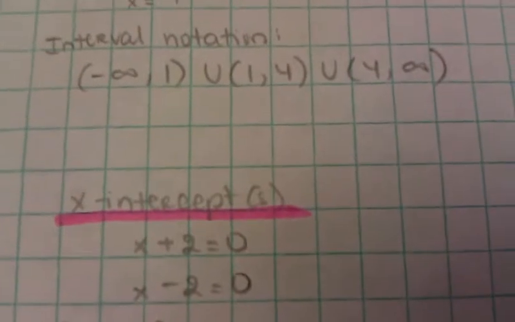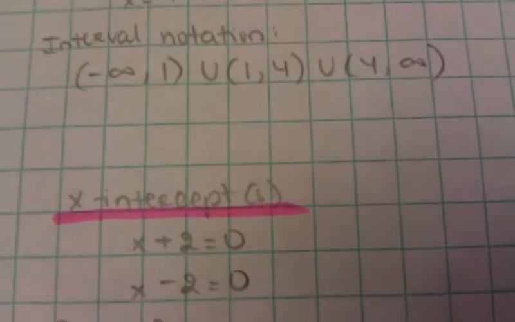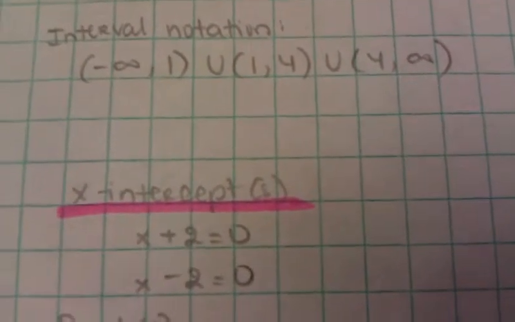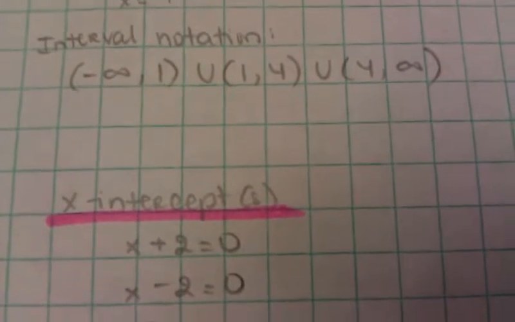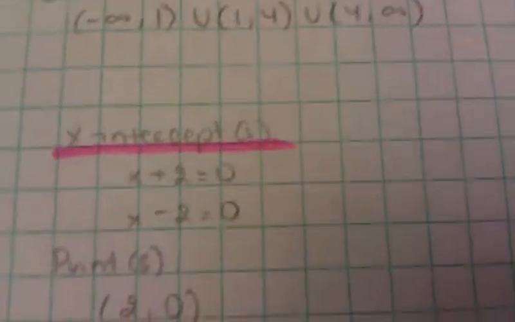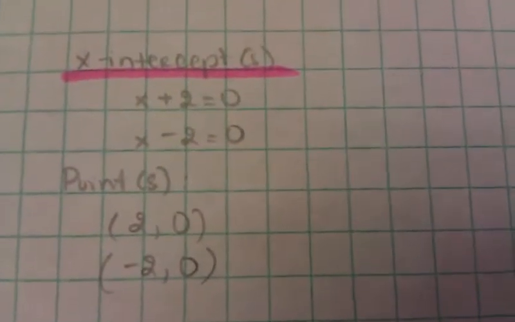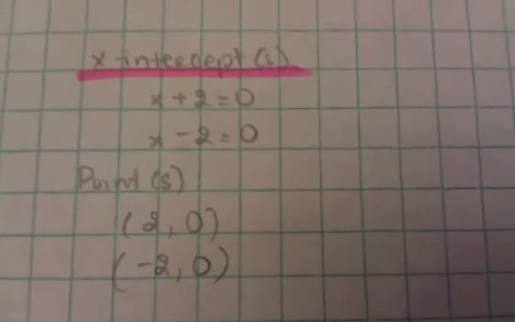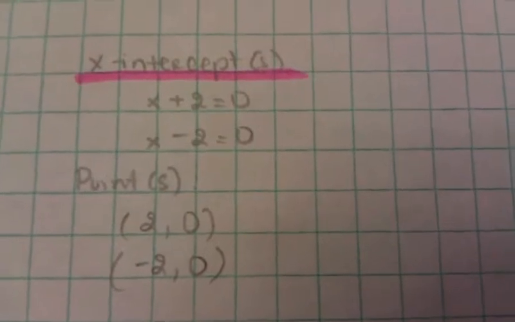You will get x plus 2 equals 0, x minus 2 equals 0. As you subtract 2 and then add 2 on both sides, you will get 2 points: 2 and 0, negative 2 and 0.